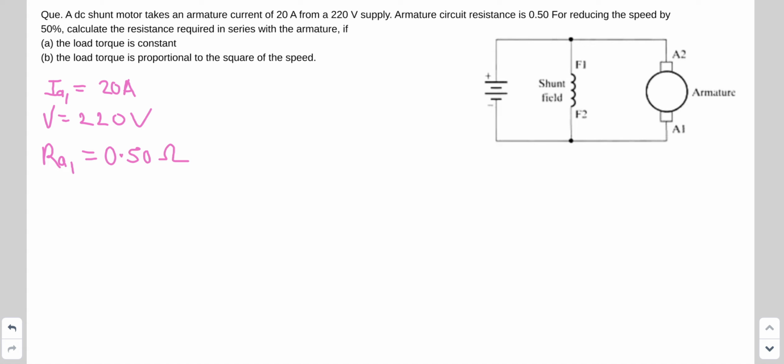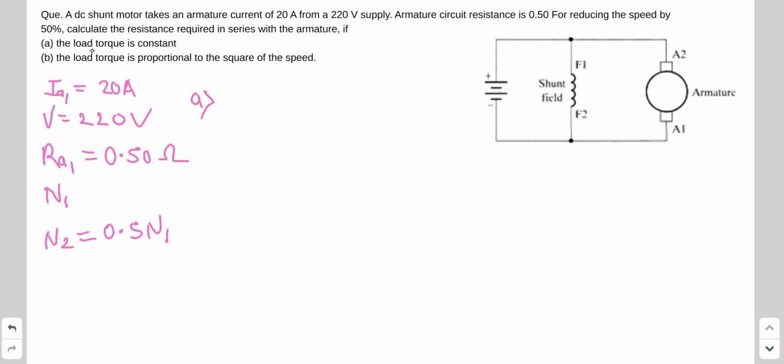Now we have to reduce our speed by 50%. Let's take the initial speed N1 and we have to reduce the speed, N2 is equal to 50% of N1, so 0.5 of N1.